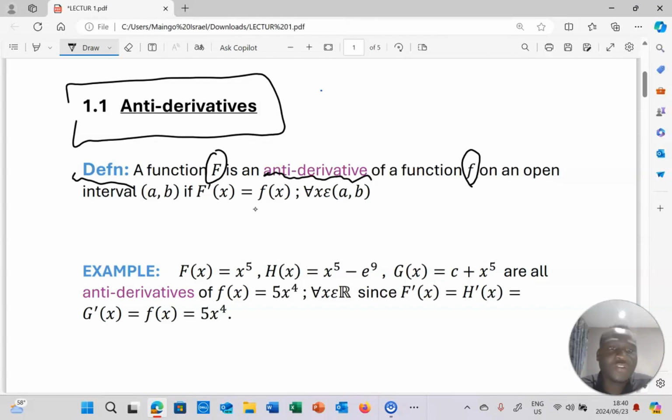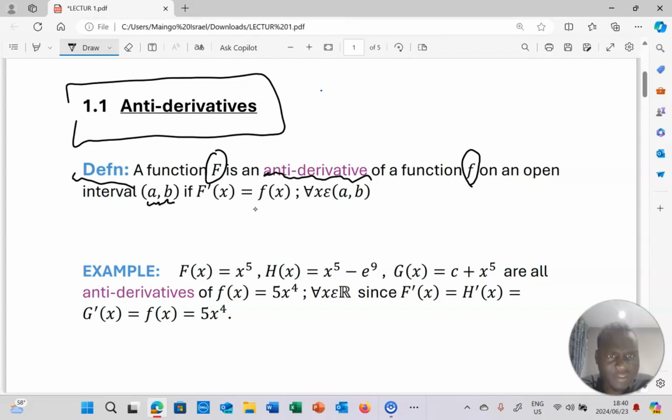These two functions differ by cases. The antiderivative one is the uppercase and the original function is the lowercase. So a function F is an antiderivative of a function f on an open interval with the lower limit a and upper limit b.